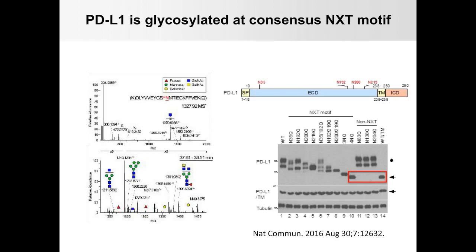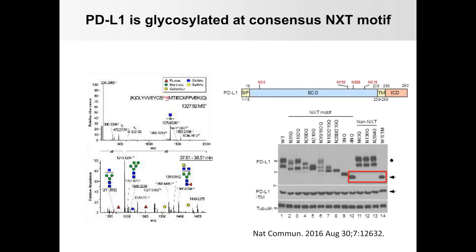So, to understand which site is involved in this glycosylation event, we first created single mutations on PD-L1. We consistently see that all 4 single mutations reduce the protein migration of PD-L1.